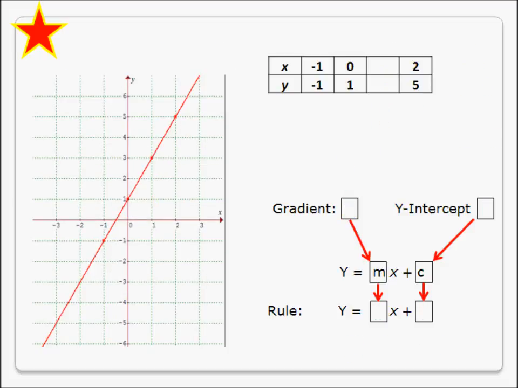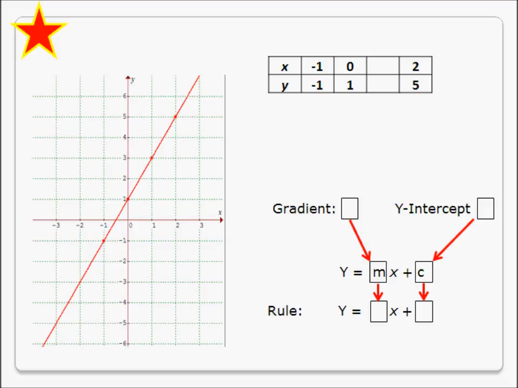Alright, well what about if we're missing a few points on the table, or we're missing a few points on the line? So I have a table above there that's missing one of the points. What that is actually saying is we can look at any 2 points and we can find out the rise and the run between the 2 points.